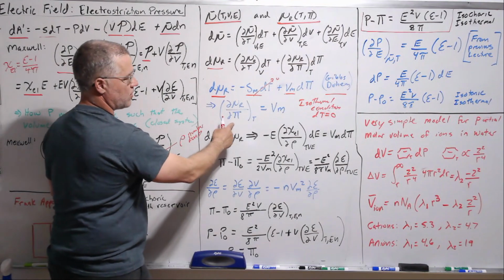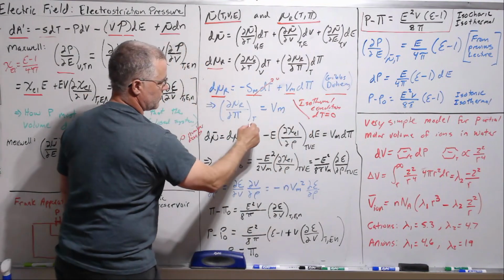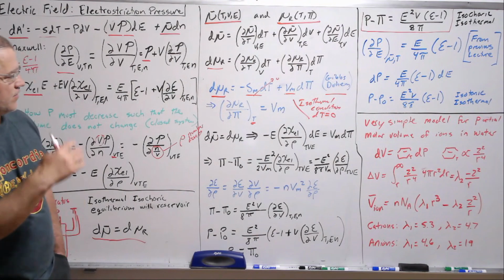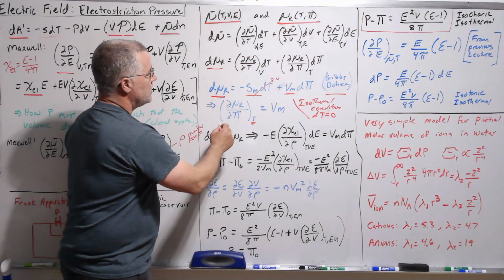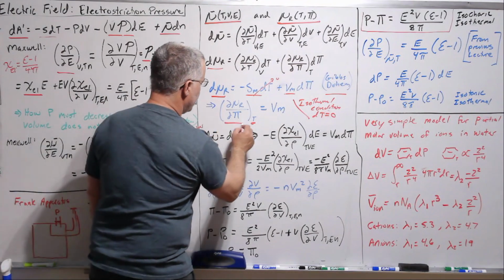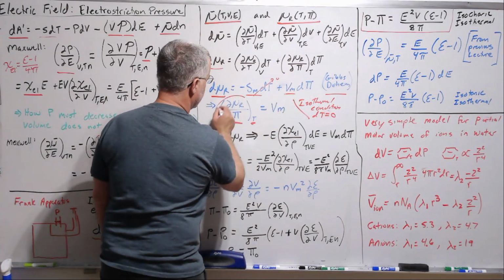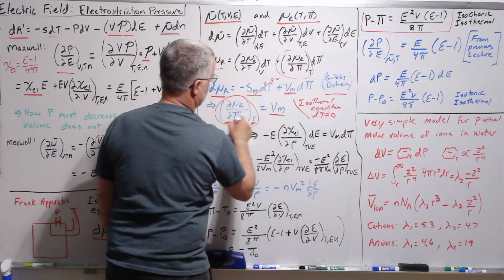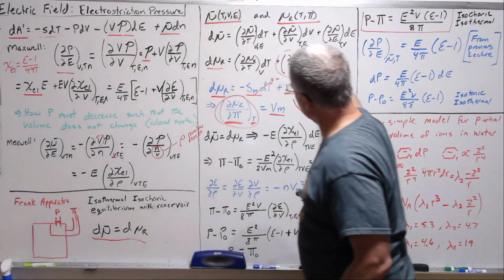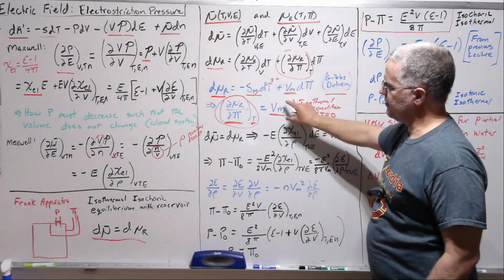We can bring this over. Instead of writing isothermal conditions, we just write it as a partial derivative with temperature held constant indicated down here. So we now have, by comparison, this guy and this guy. And so this derivative here is simply equal to the molar volume.